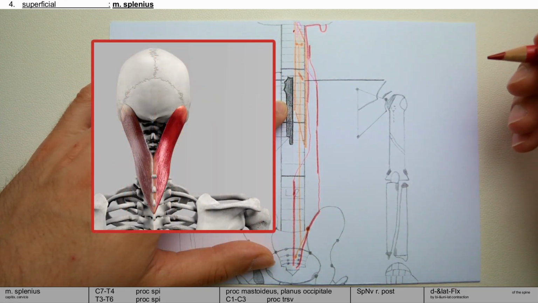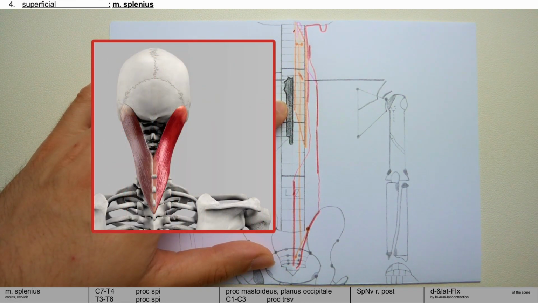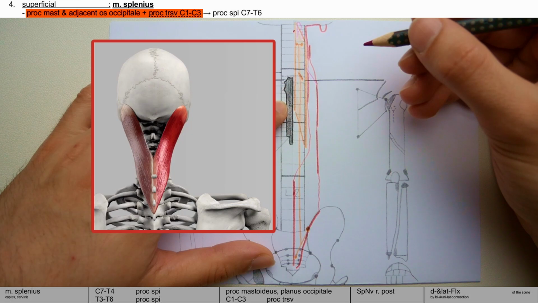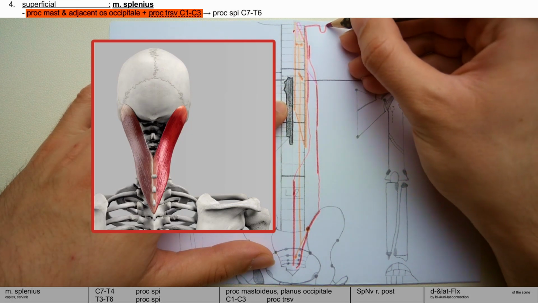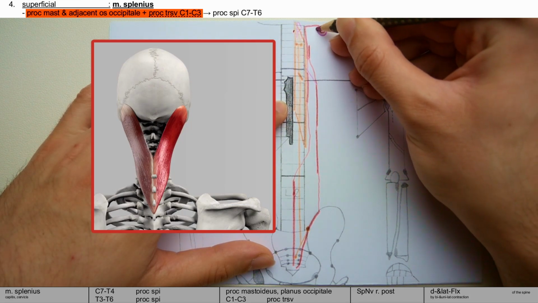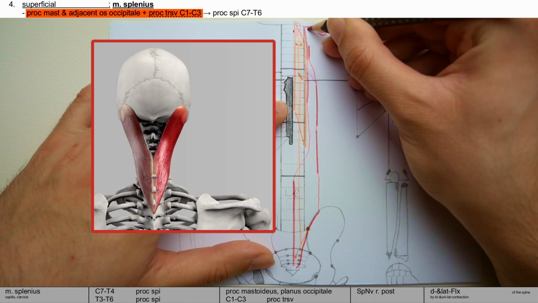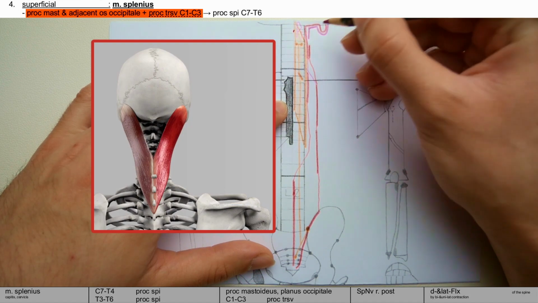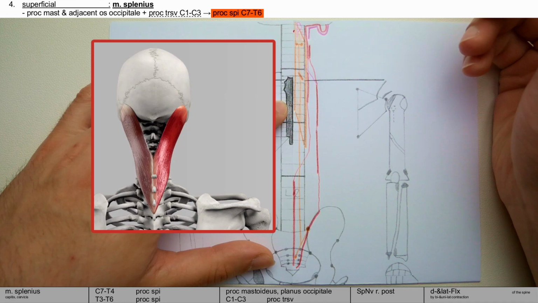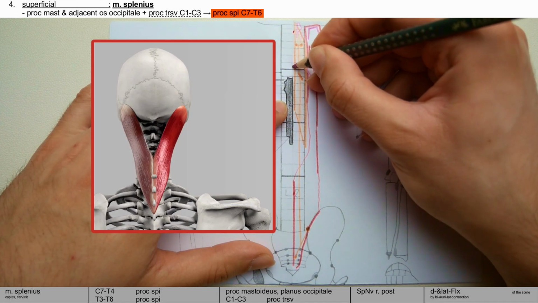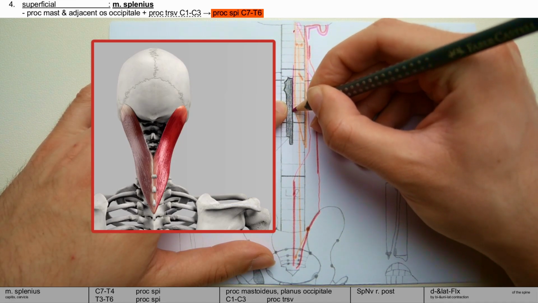In the superficial layer, there is only the musculus splenius. It extends from processus mastoideus, the adjacent os occipitale and processus transversus of C1 to C3, to processus spinosus of C7 to T6.